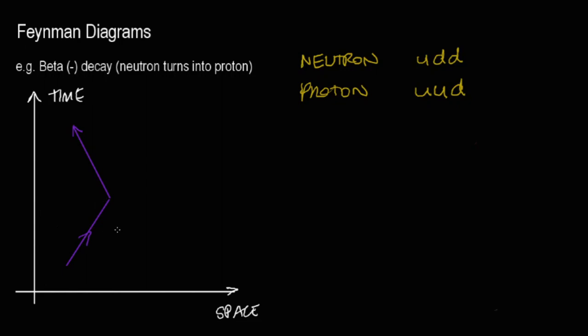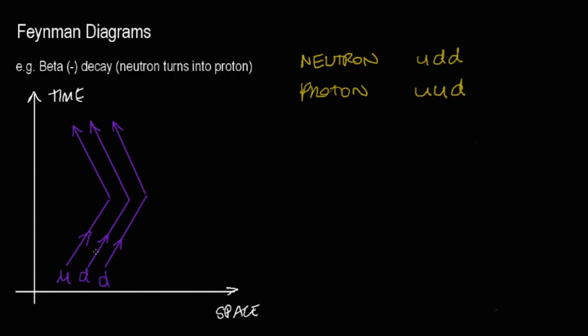However, now we're going to express each of those quarks. They're traveling together, yes, but we're going to draw 3 separate lines here, each of them representing one of the quarks in our neutron. So originally it's up, down, down.